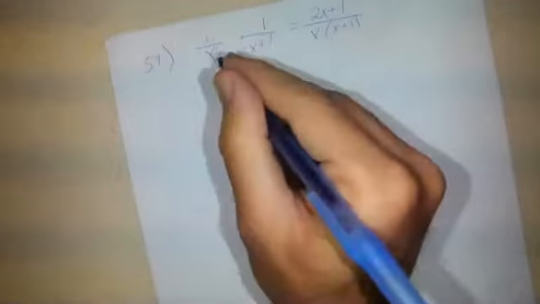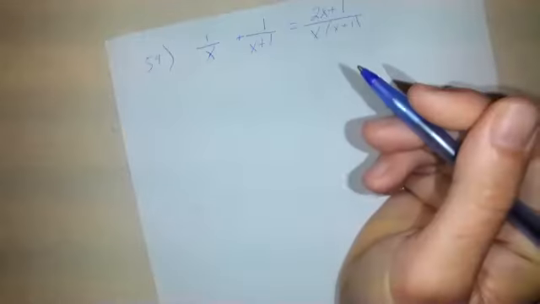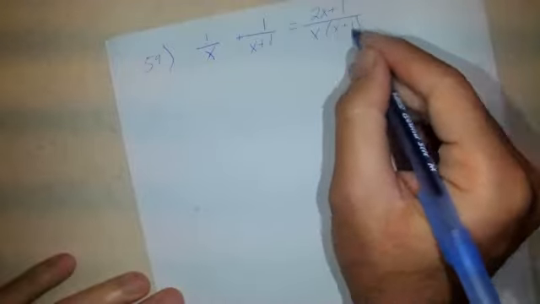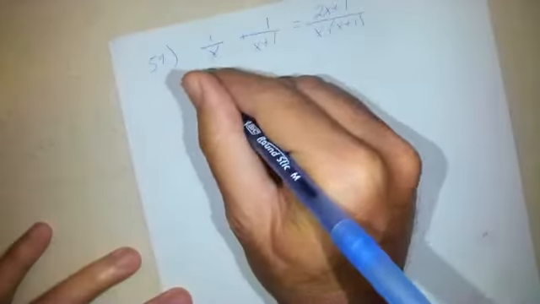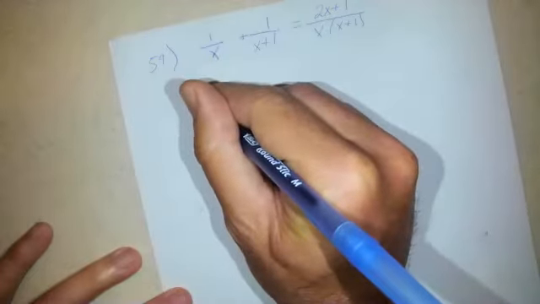So the first thing that I want to do here is find a common denominator. To make this denominator, in quotes, happy, it needs to have an x. To make that one happy, it needs to have an x plus 1. And to make this one happy, it needs one of both. So if everyone has one of both, then everyone should be, in quotes, happy. I'm going to multiply this first term by (x plus 1) over (x plus 1).